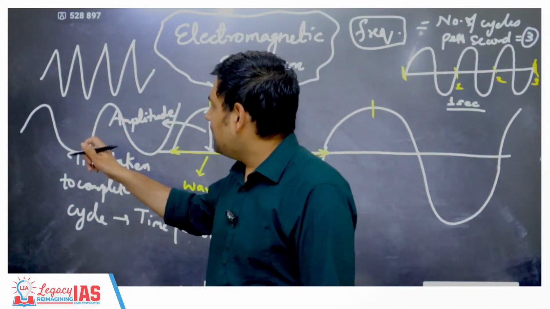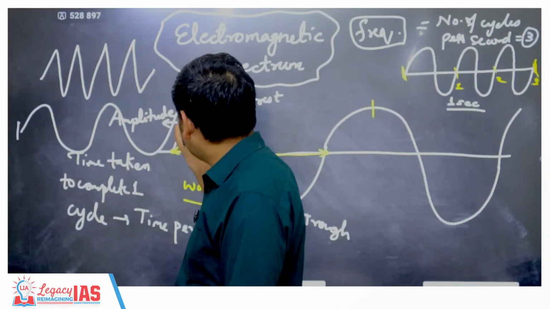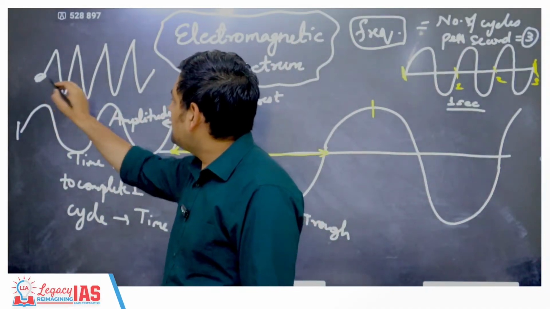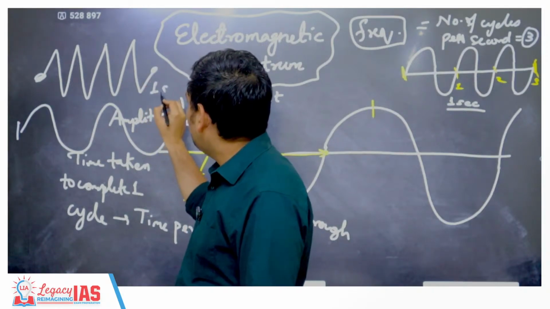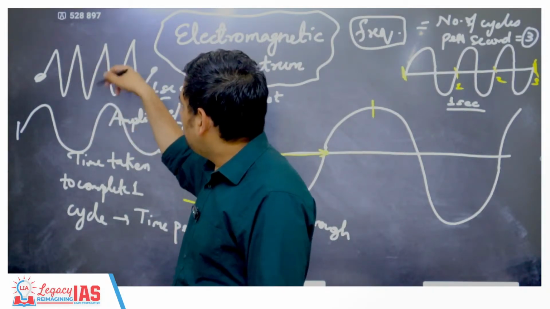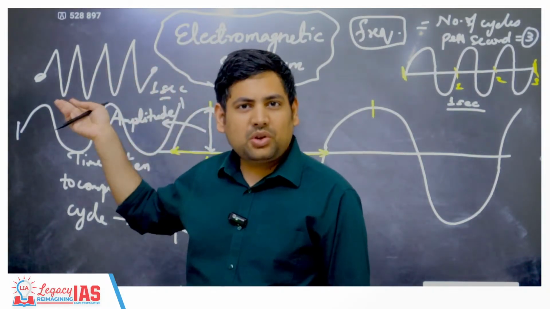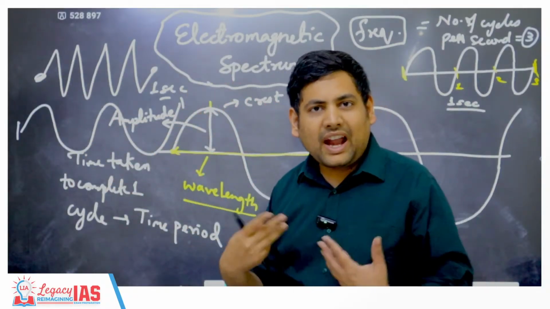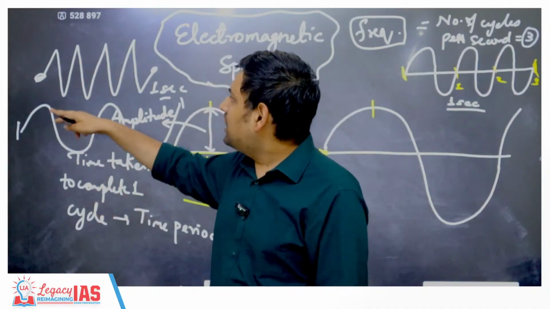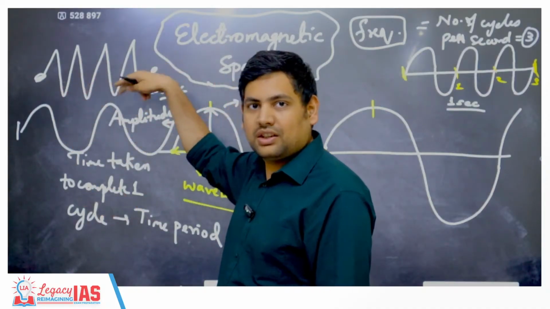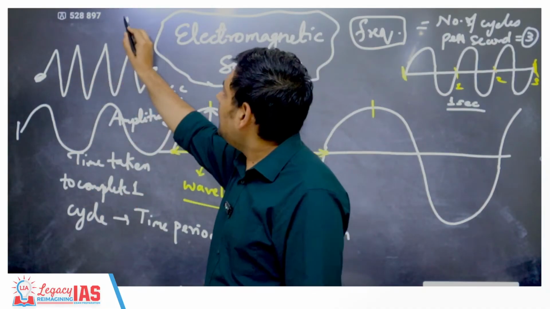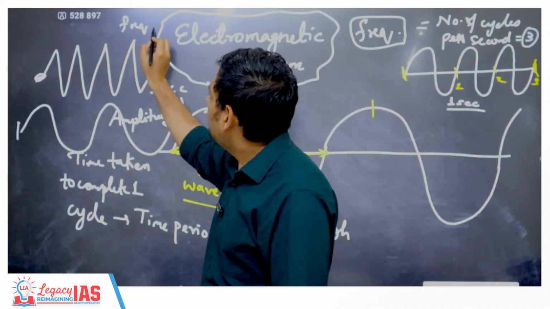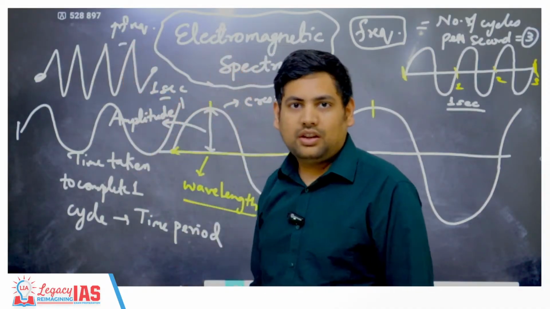Let's say I draw a diagram for 1 second only. Clearly you can see how many cycles are getting completed here in 1 second: 1, 2, 3, 4, even more than 4. Here only 1 and 2. Correct? So you can feel that when a wave looks like this, it has more frequency.